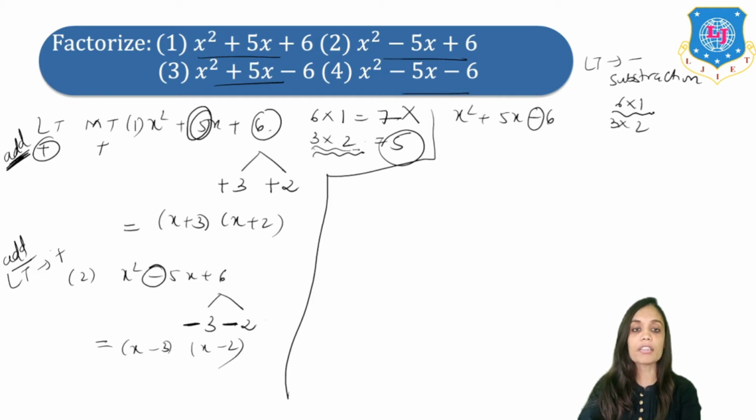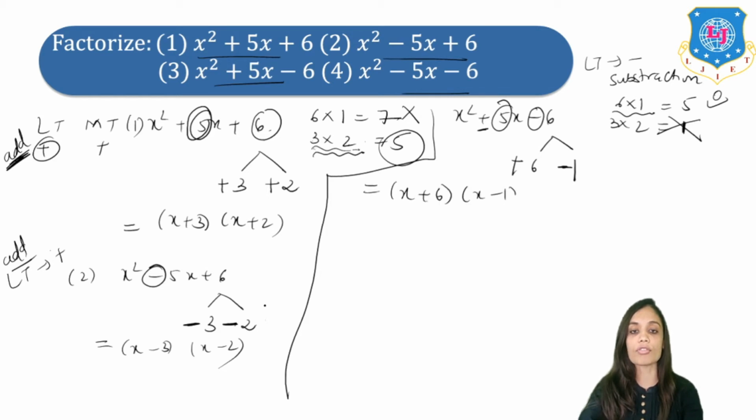If I do the subtraction, this will give us the answer 5, and this 1. Now you can see I want the answer 5, so this factor gets cancelled out, and only this possibility remains. So what will I write? Factors as 6 and 1. Now choose the greater factor, that is 6, and give it the middle term sign, that is plus, and minus for the other. So our answer will be x plus 6, x minus 1.